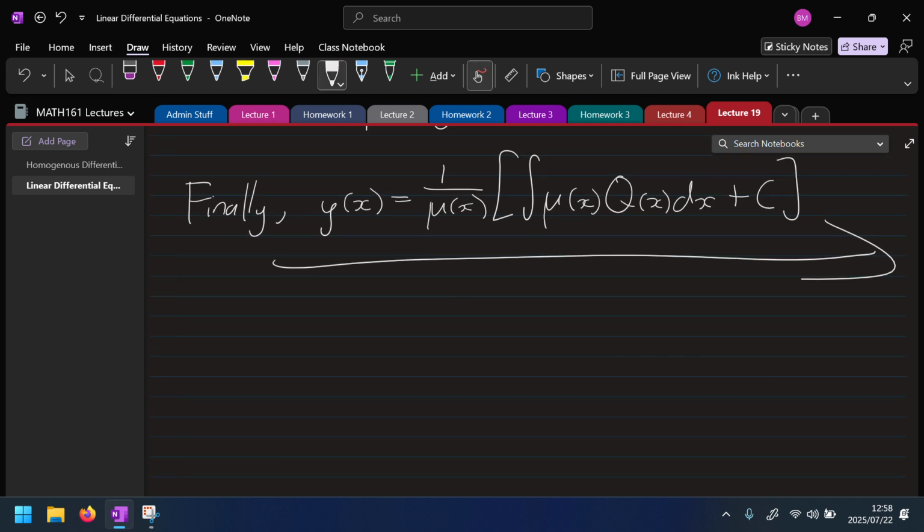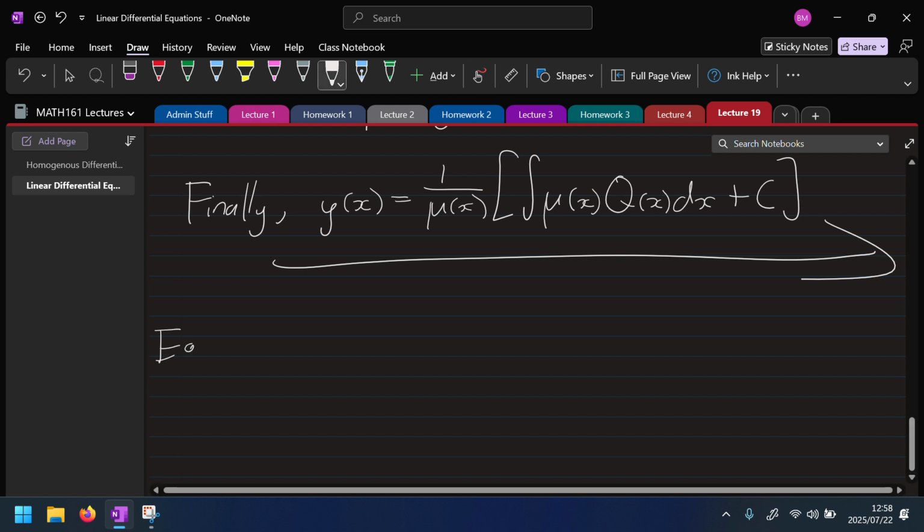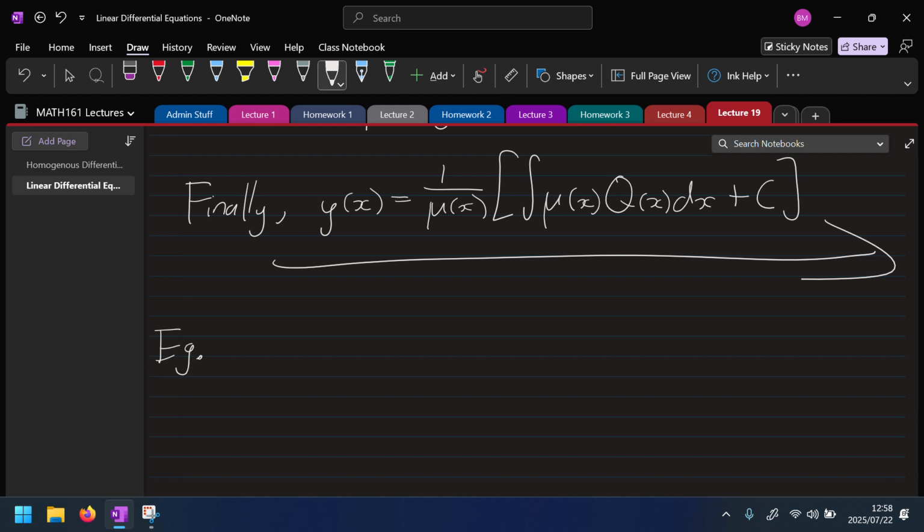Okay. Let's have a look at an example. Okay. So we've got x y prime plus y is equal to 3x squared. Okay, so immediately we can see that it is linear, right? Because it's just y by itself. It's not y squared or any function of y, so it's linear.